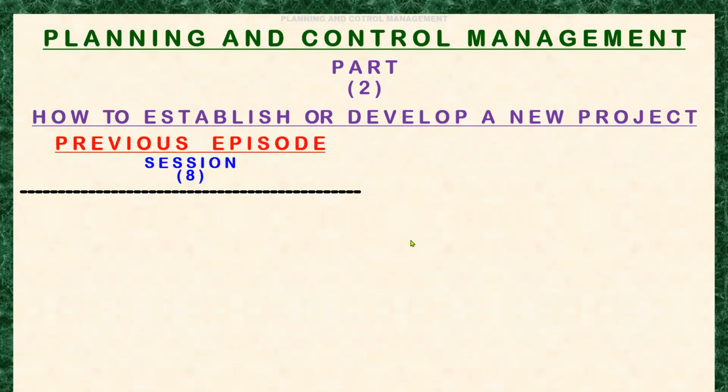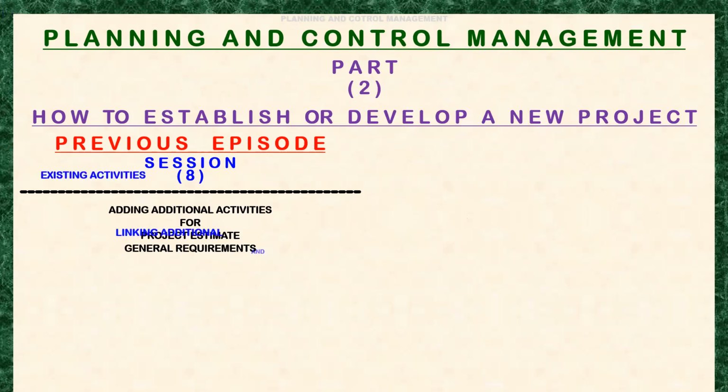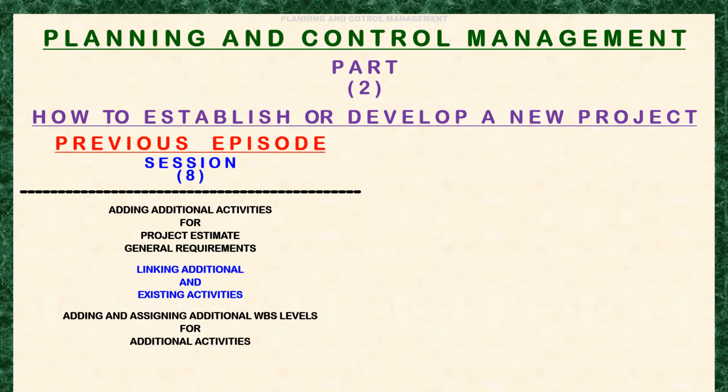Let's review our previous episode, session 8, which includes adding additional activities for project estimate general requirements. The second is linking additional and existing activities. The third was adding and assigning additional WBS labels for additional activities.